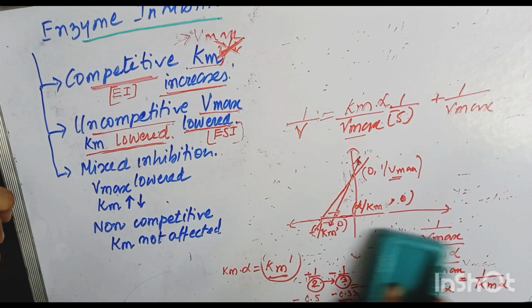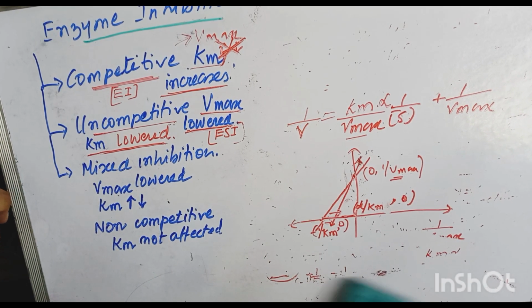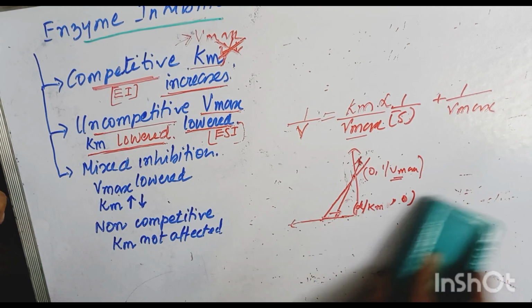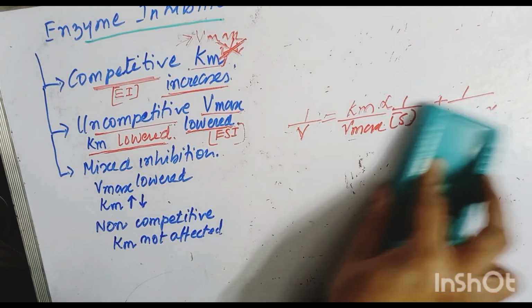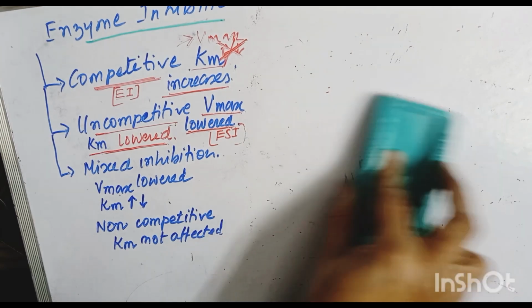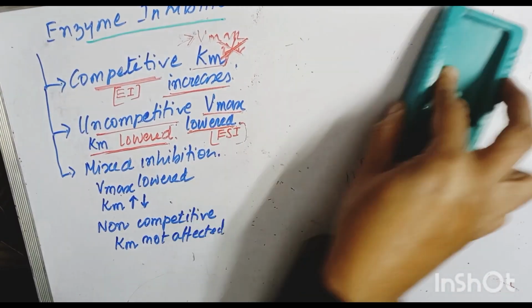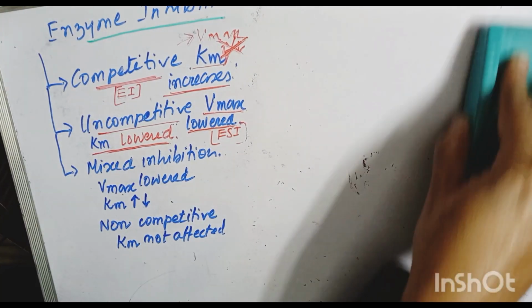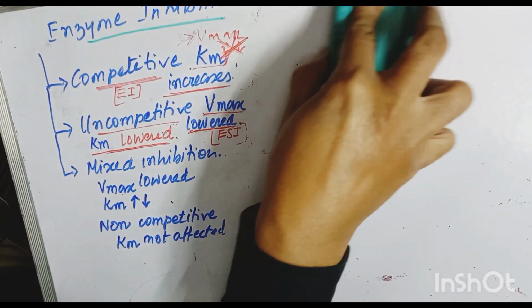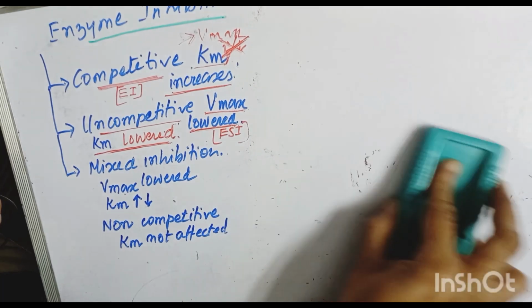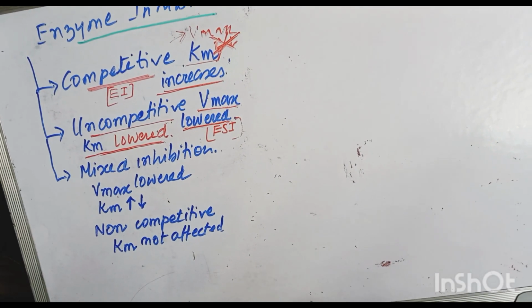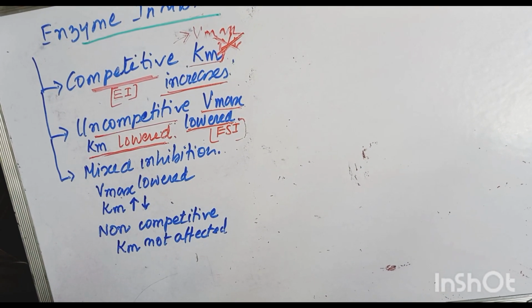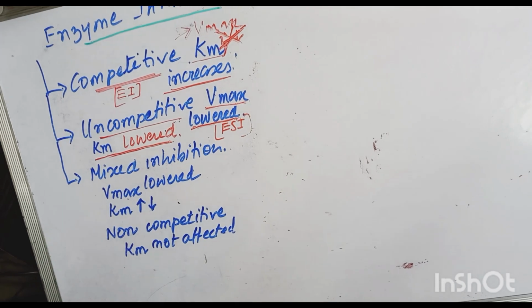So I will rub this out, and I will now go to another type of inhibition, which is mixed inhibition. That is, it resembles both competitive as well as uncompetitive inhibition.